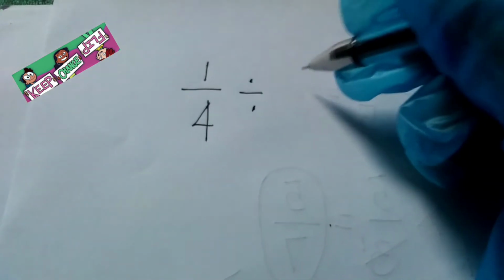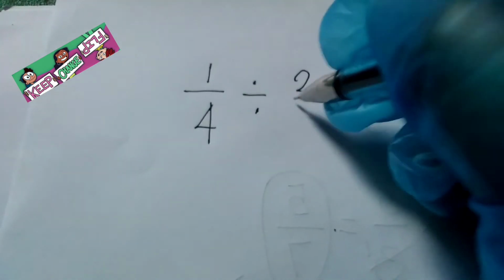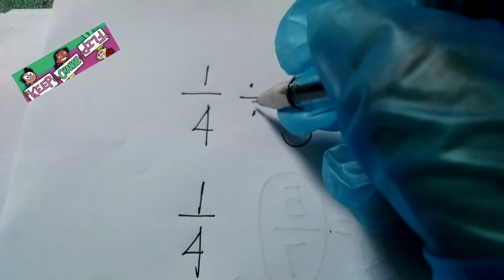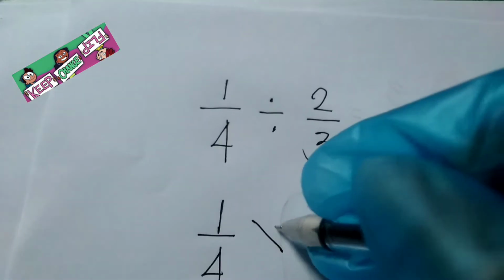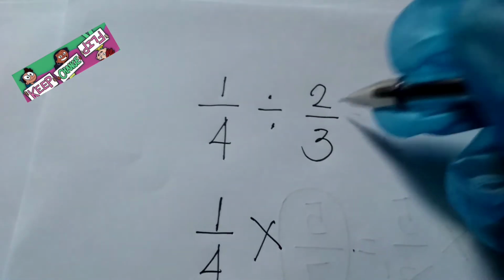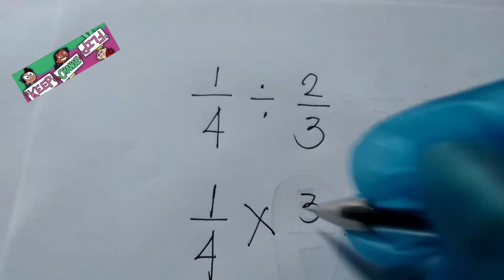Then, another problem, we have 1/4 divided by 2/3. Remember, we have to keep 1/4, then change the division operation into multiplication. Then, get the reciprocal of 2/3, so it becomes 3 over 2.